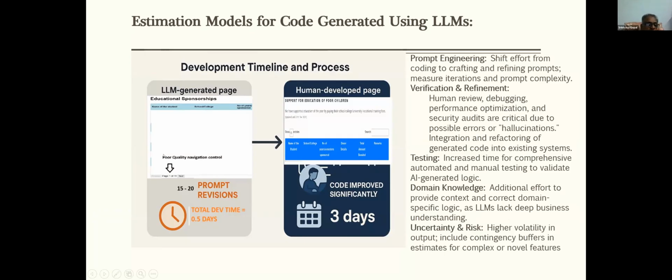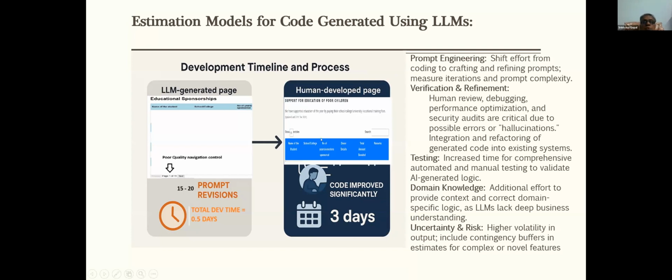You see the navigation control that the LLM generated is very, very poor, and it hallucinated when there was a prompt to improve the navigation control, make it into a rich style, and make it pleasing to the eye. It didn't understand it, and it just hallucinated. And this was the best output that it produced on the left-hand side.